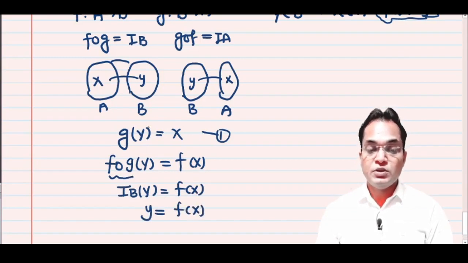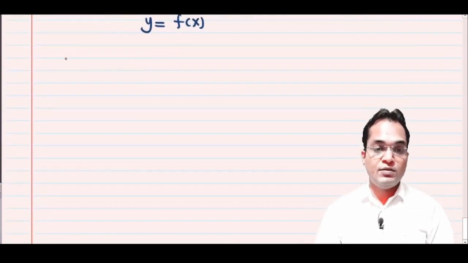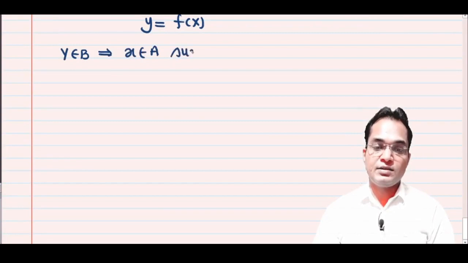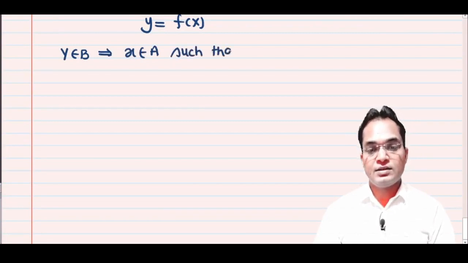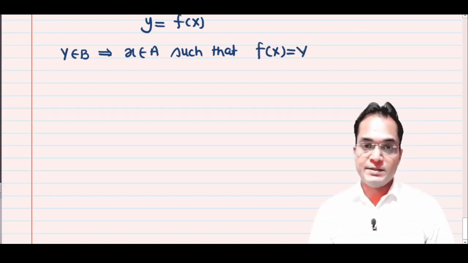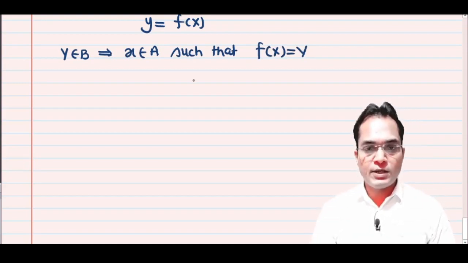And as we know, this is the statement of surjectivity, that for y belongs to B implies x belongs to A such that f(x) equals y. Means here we can easily say that the function f is the surjective function. तो function f surjective हो गया.